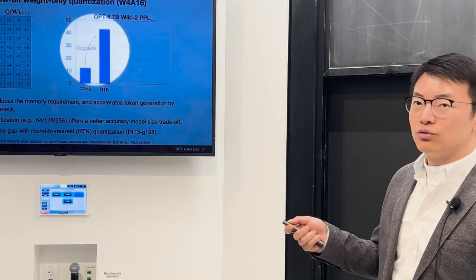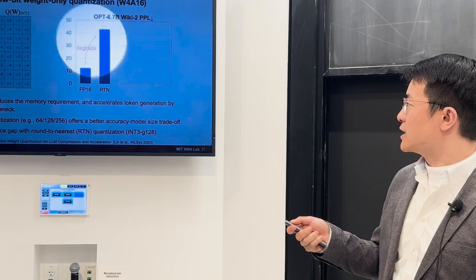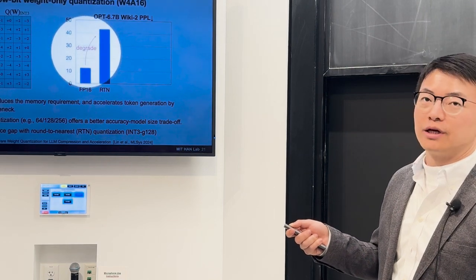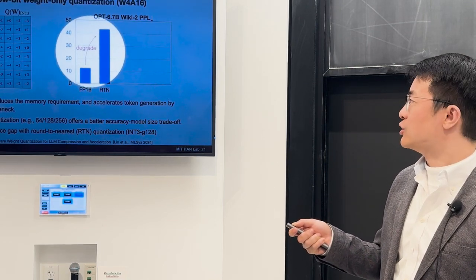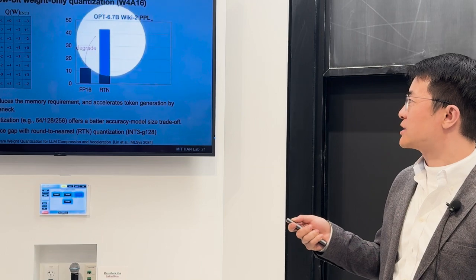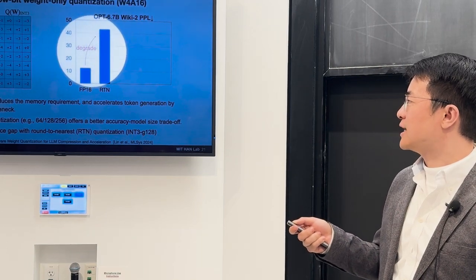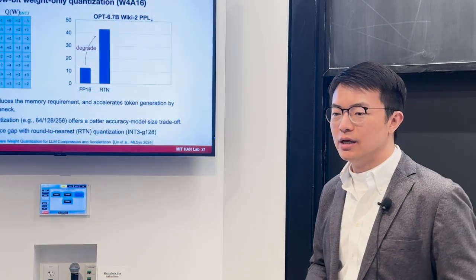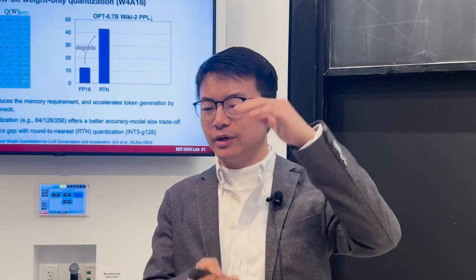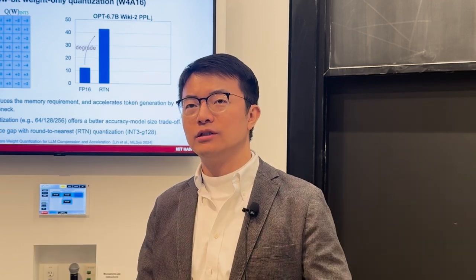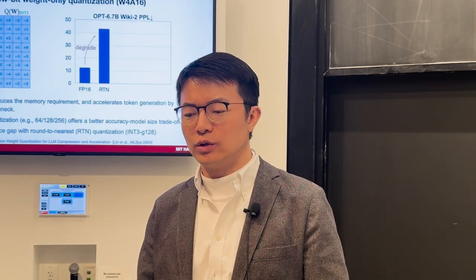Unfortunately, naively doing such round to nearest quantization, there is a very strong degradation for the perplexity measured on the Wikitext2 dataset, a big increase in perplexity, which is too bad. Showing that our conventional algorithms will not work.